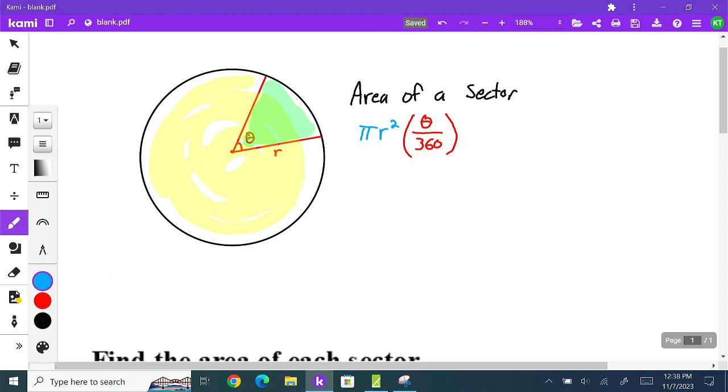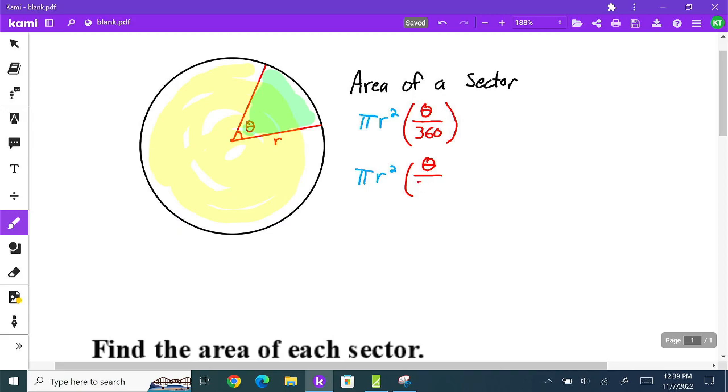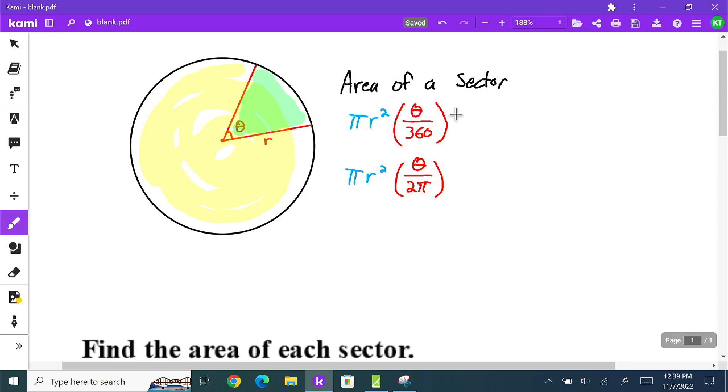This can also be written in radians, so that would be pi r squared, and now instead of being multiplied by theta over 360, it'll be theta over 2 pi, because 2 pi is a circle in radians. We can also simplify these. Now, we can't simplify in degrees because nothing will cancel out, so that actually will stay as it is.